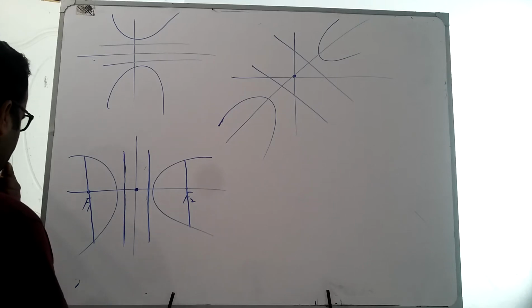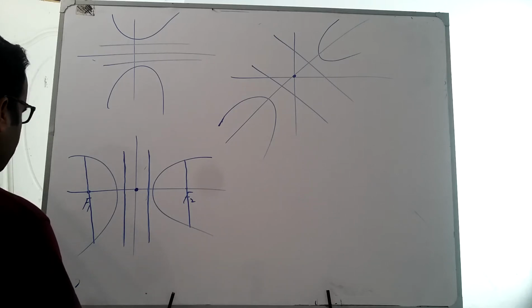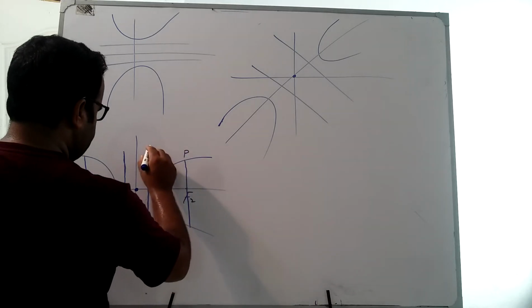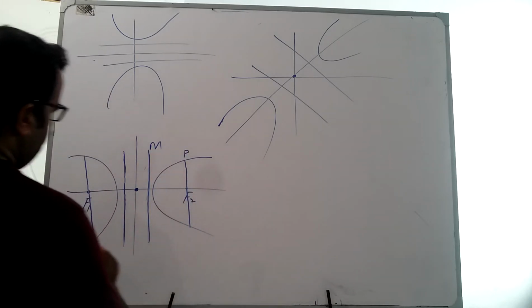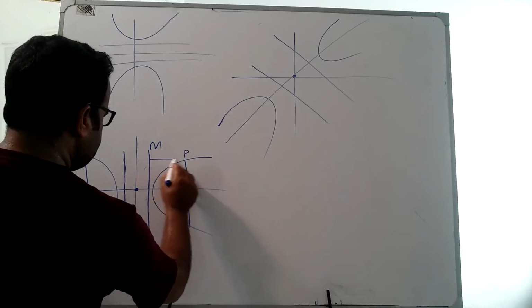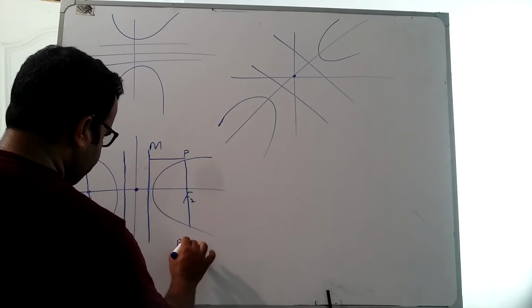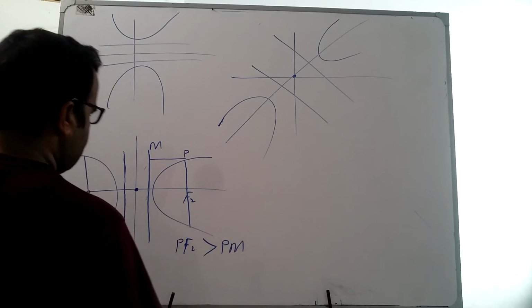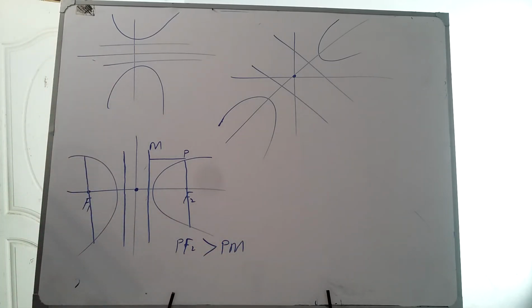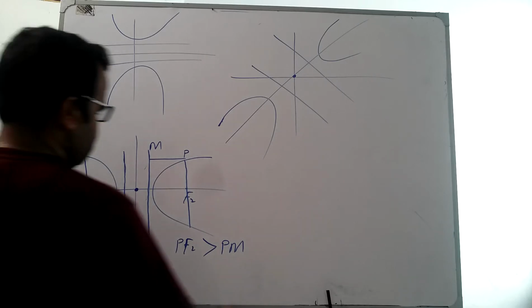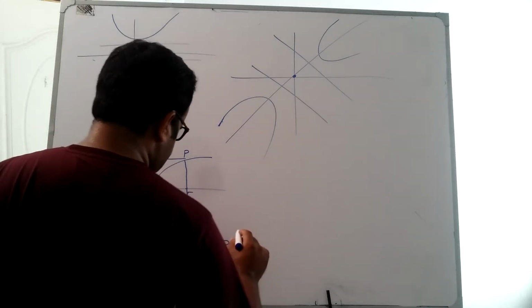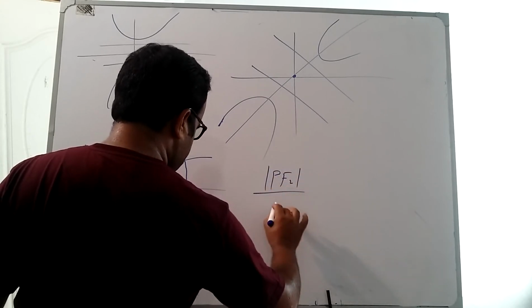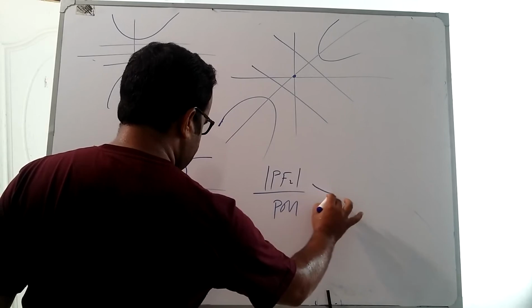Okay, so we see that in case of hyperbola, suppose this is the point P and this is M. This distance PF2 is greater than PM, which means that the ratio PF2 over PM is greater than 1.